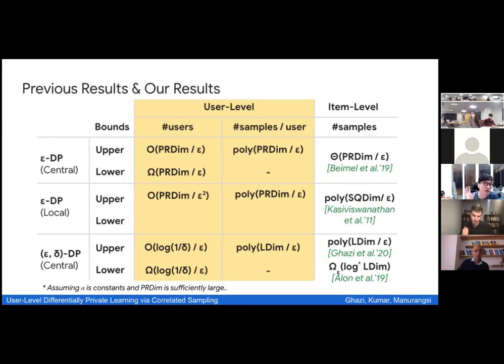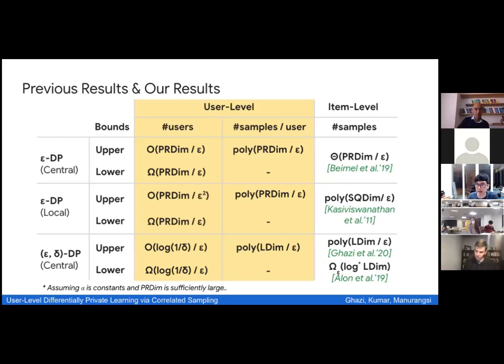So the total number of samples is still polynomial in D, which I find somewhat interesting. And again, the lower bound on the number of users required from the central DP case also holds here: the lower bound of probabilistic representation dimension on the number of users.